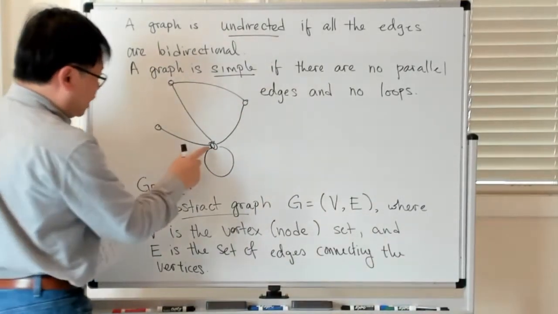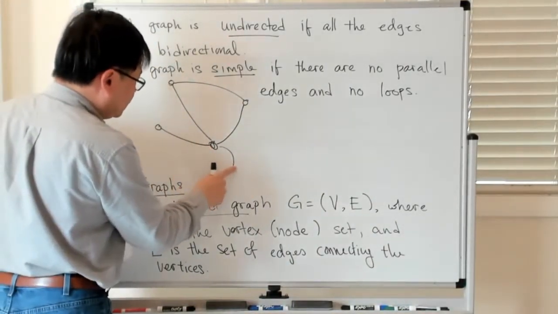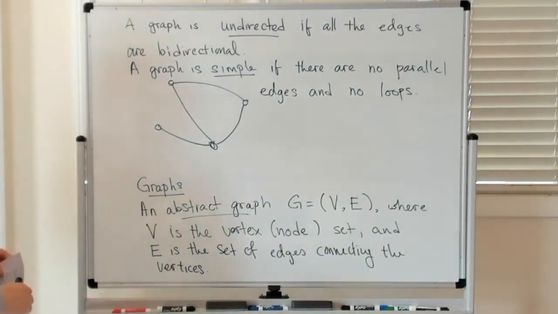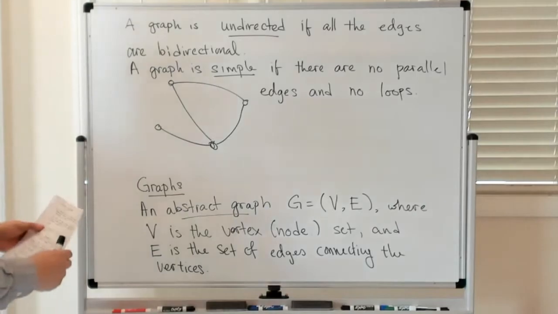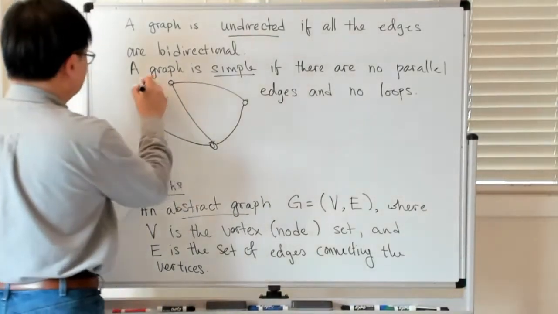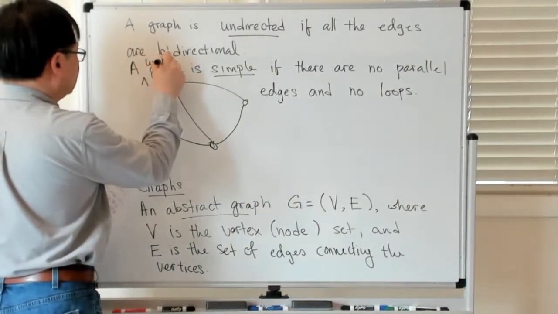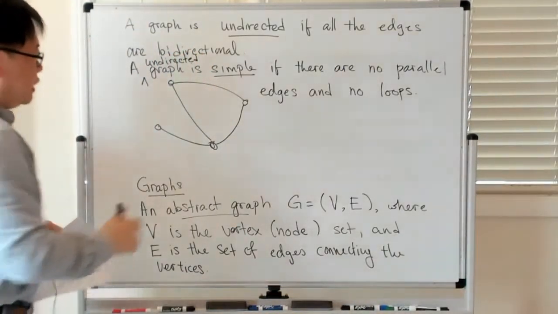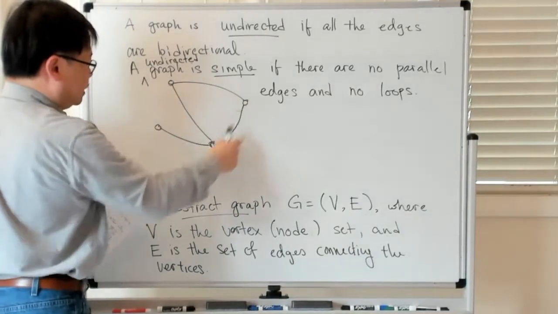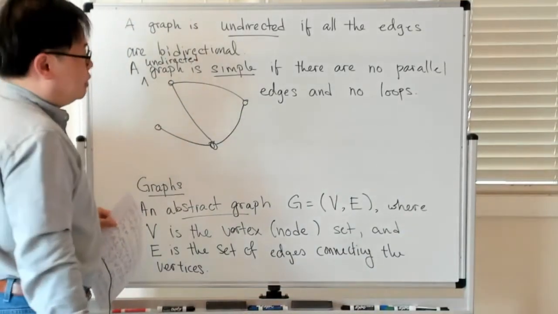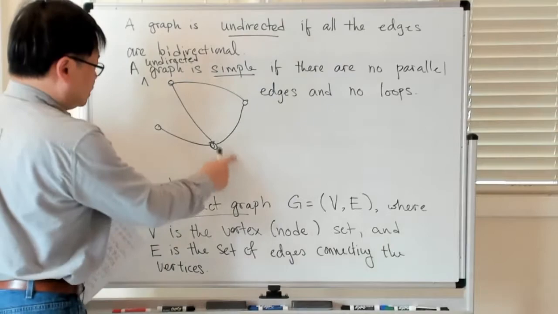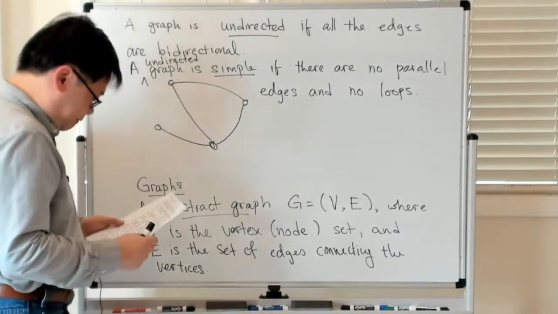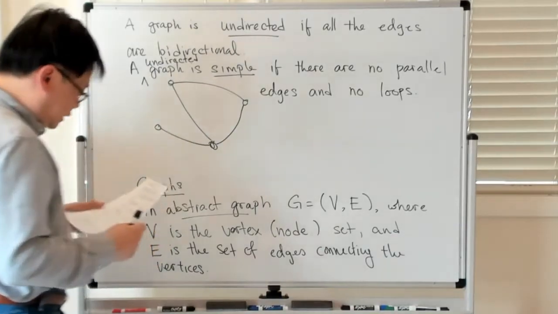So I don't allow these two things. So again, an undirected graph is simple if there are no edges which connect the same pair of points more than once, and there are no loops which connect a node or a vertex to itself. Okay, so we say this graph is simple.